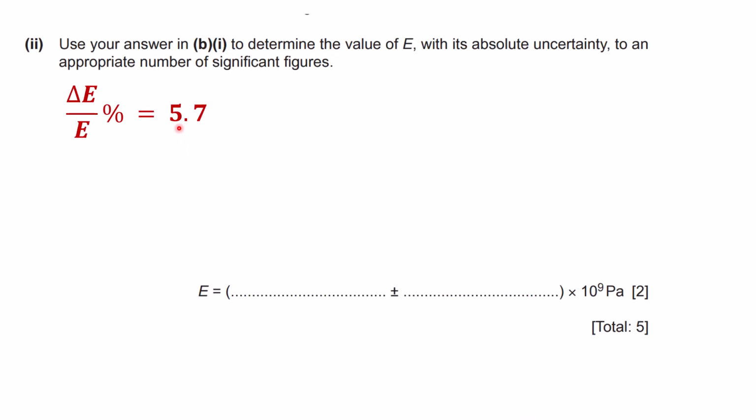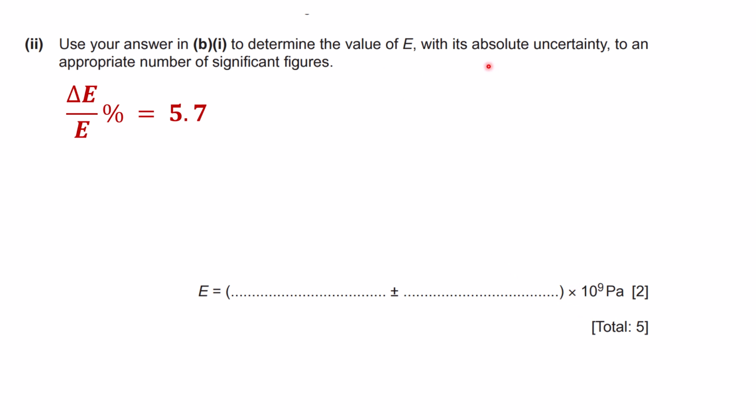Now the next question is asking to determine the value of E with its absolute uncertainty, with an appropriate number of significant figures. They say that because if you look here, the answer is given in times 10 to the 9 Pascal. So you have to adjust for that with the exponent, but I'll explain later.